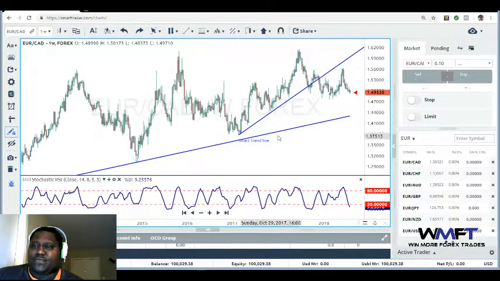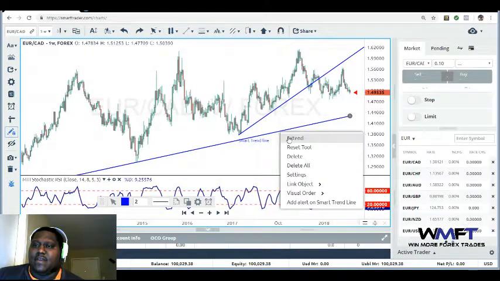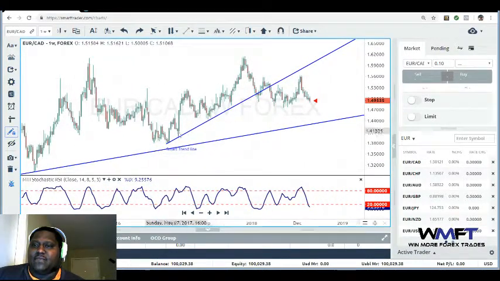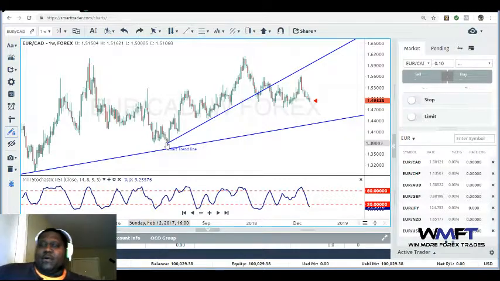We're just going to focus on this most recent previous swing with this inner trend line. On the EURCAD with this inner trend line, you can see the market was in an uptrend from the bottom of this trend line on February 12th, 2017, and we made the highest point on March 18th of 2018.